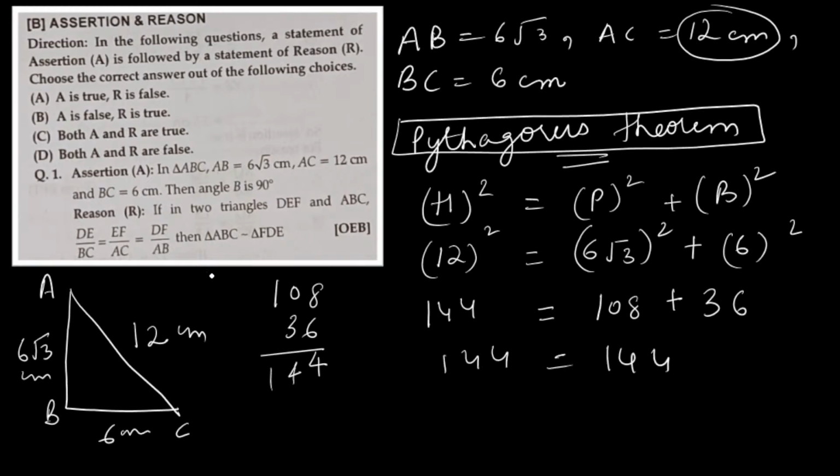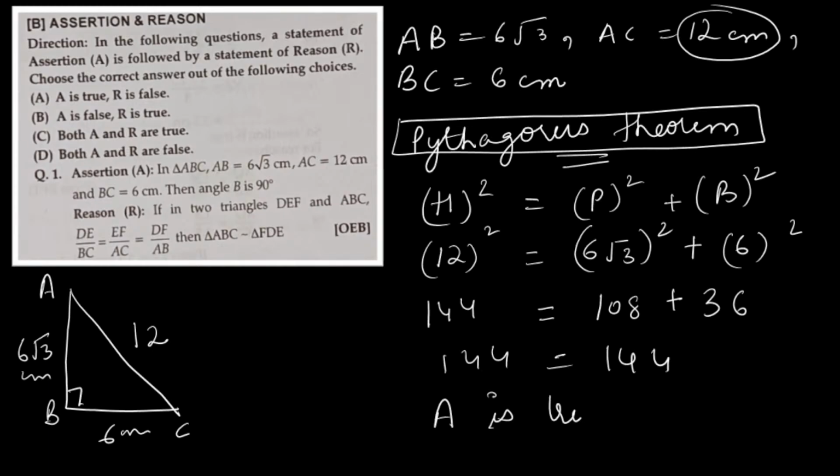Both the sides are equal. The square of the hypotenuse is equal to the sum of the squares of the other two sides. So it is satisfying Pythagoras theorem. These three sides satisfy Pythagoras theorem. That means A is true. It means this angle B is 90 degrees and A is true.